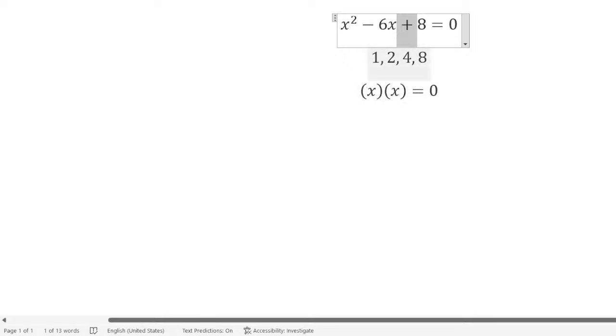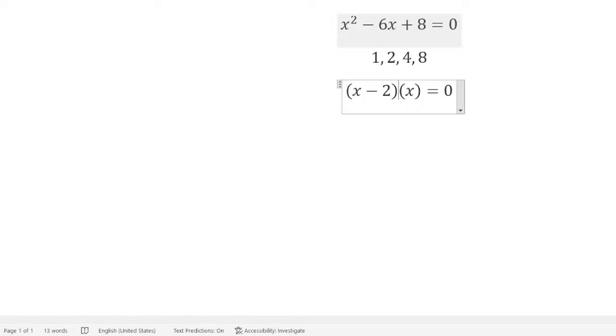It is going to be 2 and 4, right? It doesn't matter where we put 2 and where we put 4. Since the last term is positive, we have the same sign, then we take the sign of the middle term. It's going to be minus 2 and minus 4.